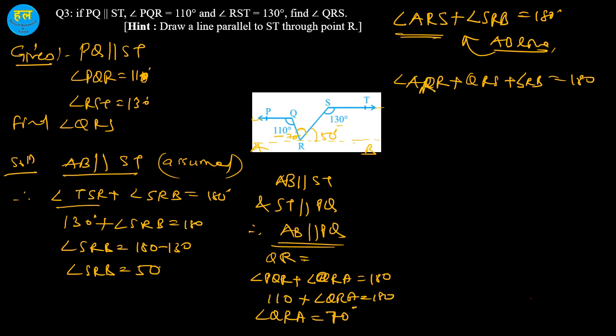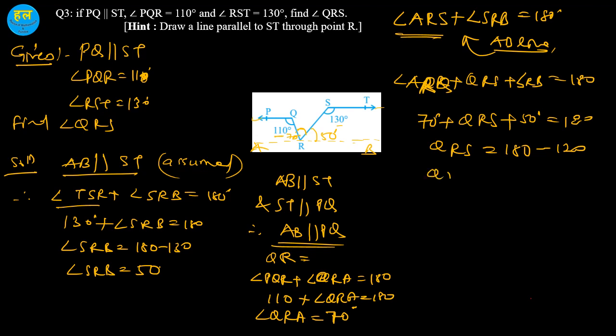ARQ is 70 degree plus QRS we have to find, and SRB is 50 degree is equal to 180 degree. So QRS is equal to 180 minus 120. So QRS is equal to 60 degree. Always write angle. This is our answer. QRS is 60 degree.